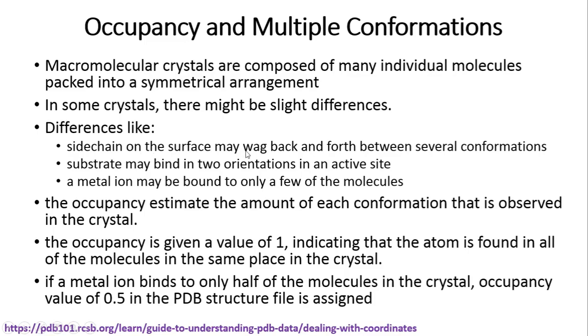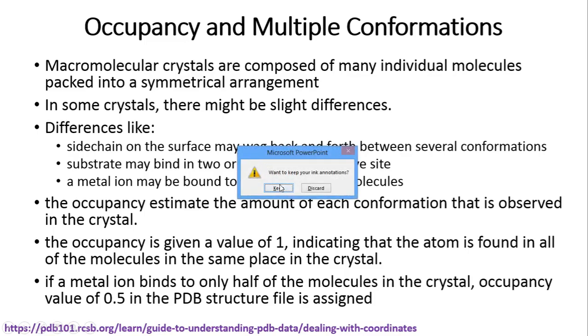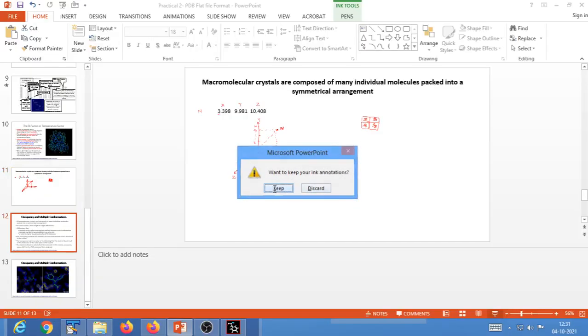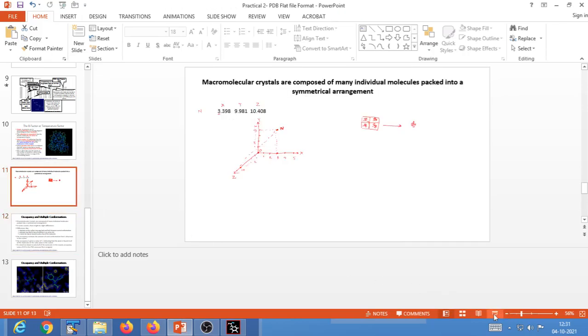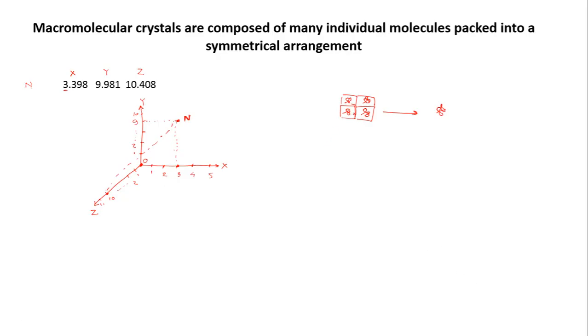As I have already mentioned, they can wag back and forth between several conformations. Say, for example, in this particular molecule the side chain can be like this, while in this molecule the same side chain can orient in a different way, right? So in the same crystal, there can be different arrangements of atoms in your protein molecule.